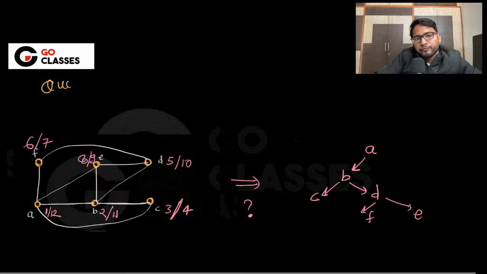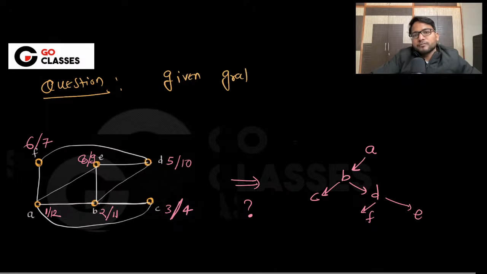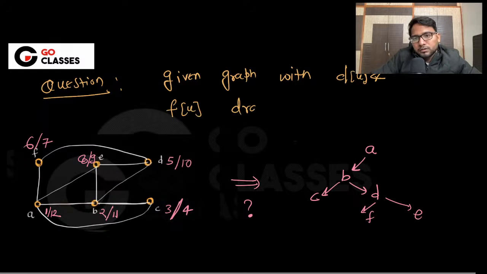What is the question? Given the graph with discovery and finish times, draw the depth first tree.